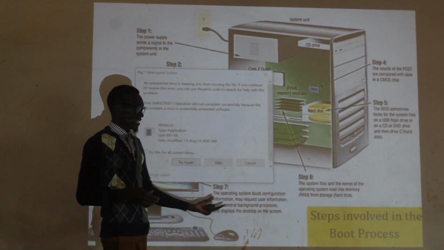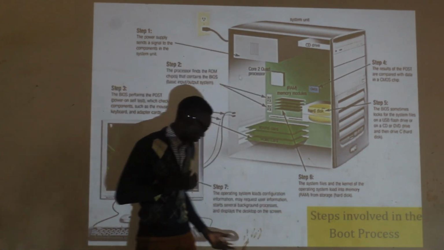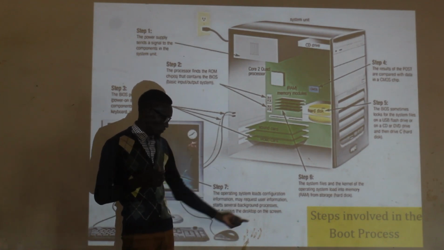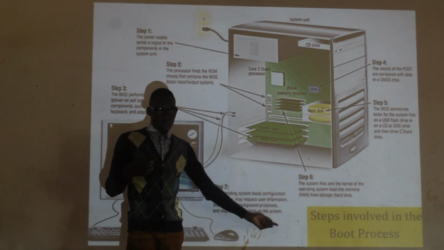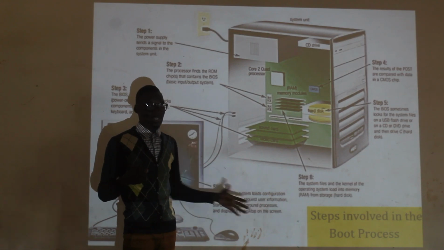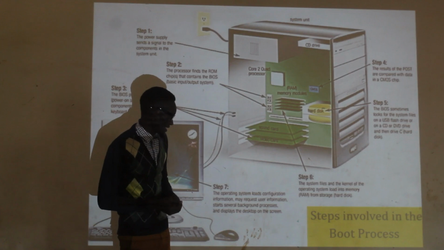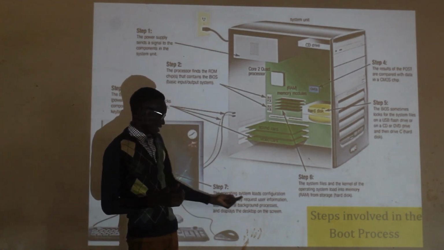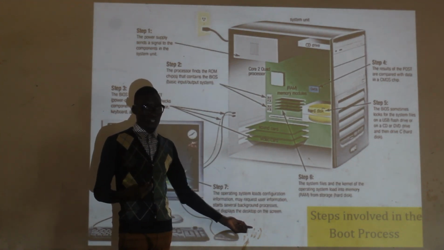After those files are loaded into the RAM, you will see the operating system starting to load the configuration information, which also includes requesting user access details, like requesting a user password, which the user has to enter.